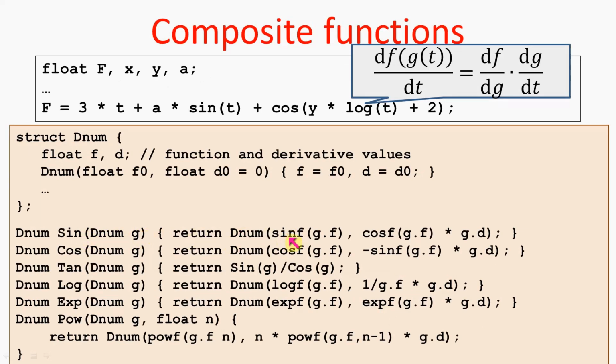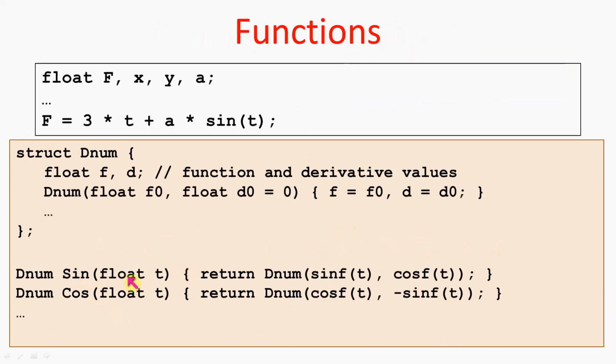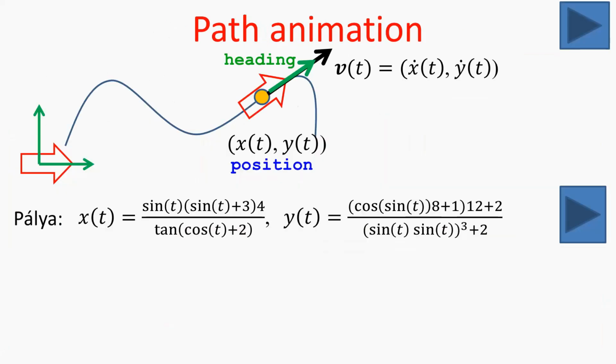So when evaluating this for t, we obtain the sine of t in the value part, and in the derivative part, the cosine of t multiplied by 1, which is nothing but the cosine of t, and this is exactly what we had in our first trial solution. So changing the type of parameters from float to dual number, we get derivatives for free.